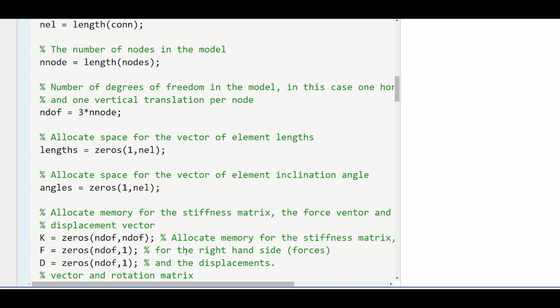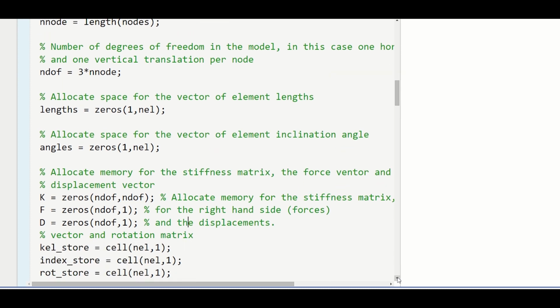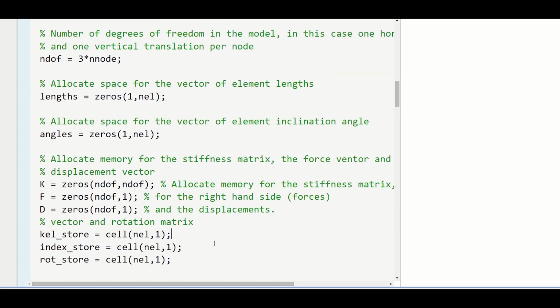There's a displacement vector as well. These are arrays of arrays: KEL store, index store, rotation store, but these are also empty vectors created using the zeros function. I will go through them and explain what these are once they appear in the code.